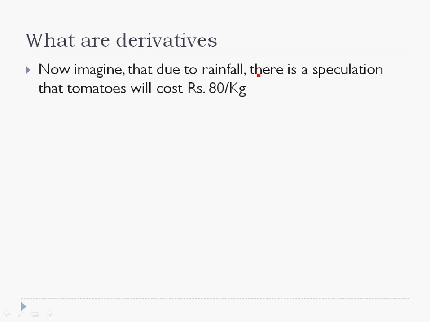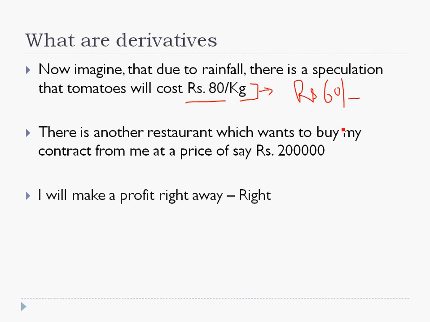Now let's imagine further that due to rainfall, there is a speculation that tomatoes would cost rupees 80 per kg, right? So I am very happy that I would be saving rupees 60 per kg. Now imagine I want to shut down my restaurant. What should I do with this contract? There is another restaurant which wants to buy my contract by paying me rupees 2 lakh.